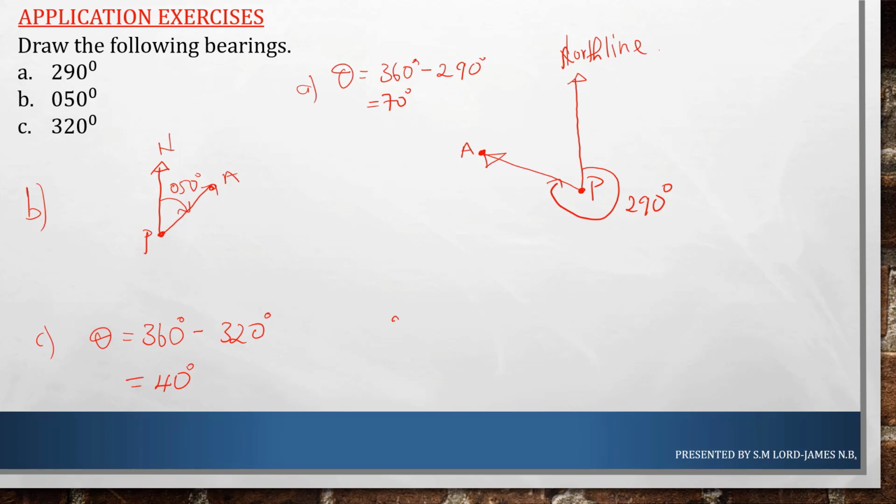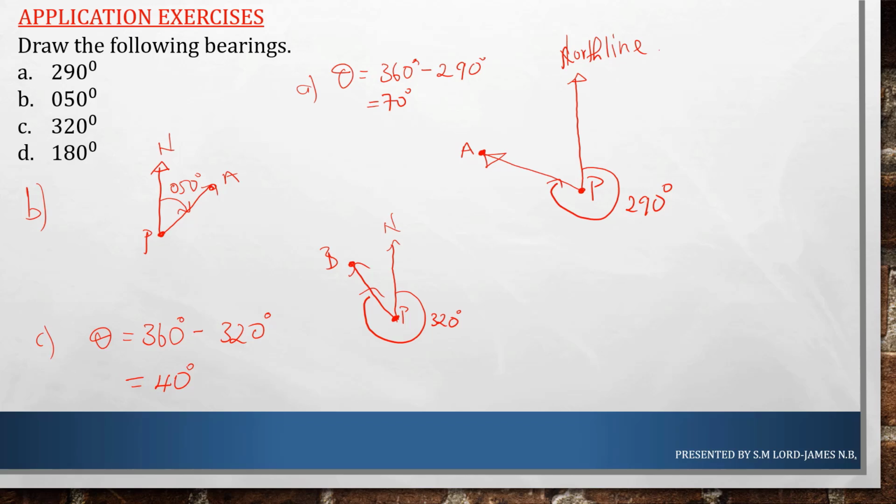So we fix our point P, we draw our north line, call it N, then we measure 40 degrees going this way. So we have 40, which can be somewhere here. We can call that point anything, maybe B. Then we link P to B, and then this is our bearing. That's 320 degrees. That's how it's done.